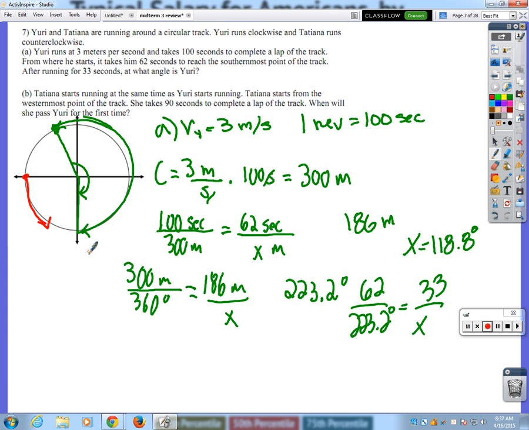Do you know how long it would take to cover the rest? Okay, so what Caleb is saying is, this is good. We figured out this whole angle right here is 223.2 degrees, right? And this angle right here obviously is 90. So they have to cover a total angle of what?